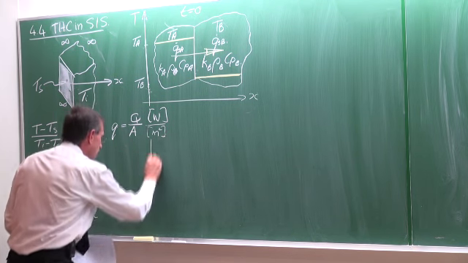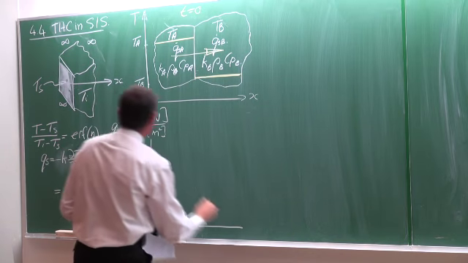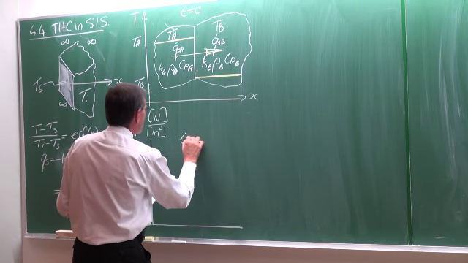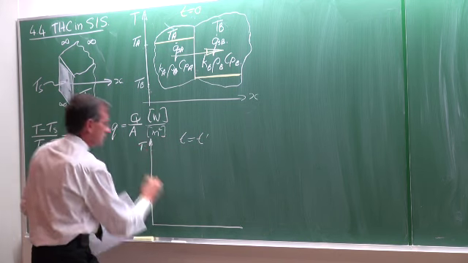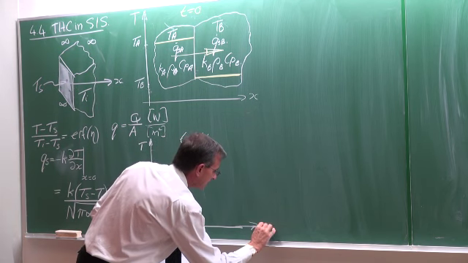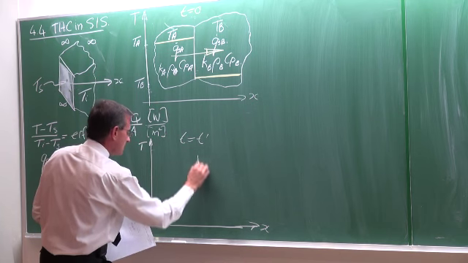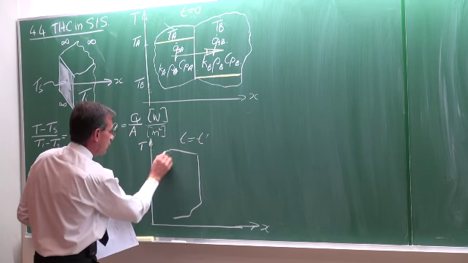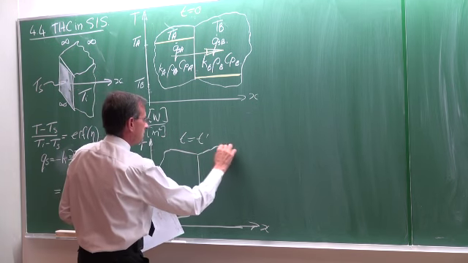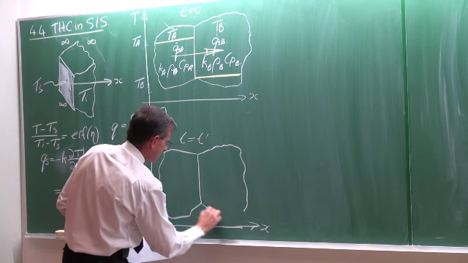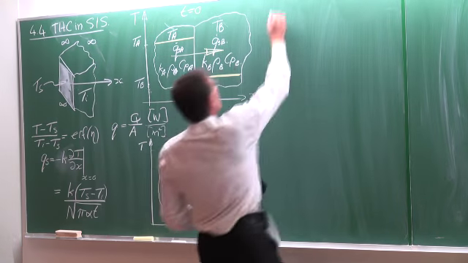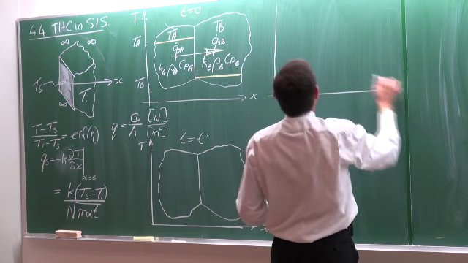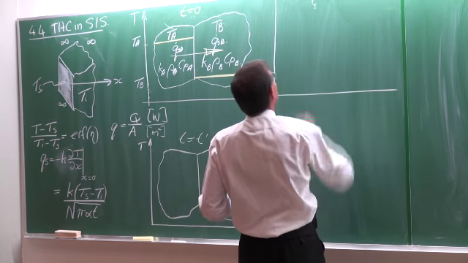Now, let's look at what is going to happen at a later time, with temperature again as a function of x. Again, we've got the two bodies here, like that, and then at t equal infinite.